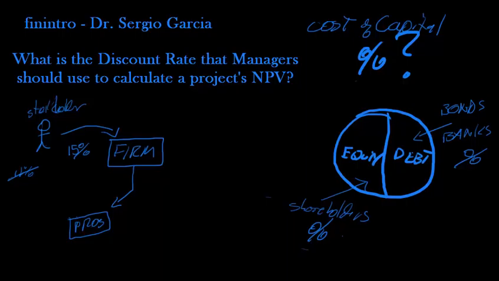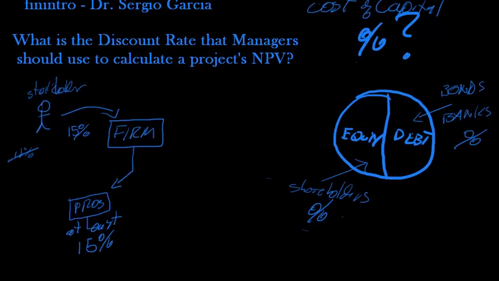If they take the money from the stockholder and purchase equipment or do whatever it is they're going to do at the firm, then the project has to have at least a 15% return, because you're taking the money from the stockholder and dumping it into the firm.